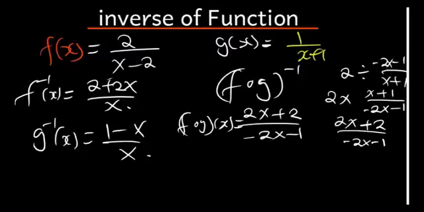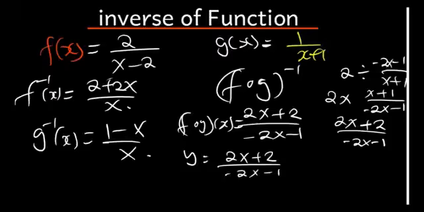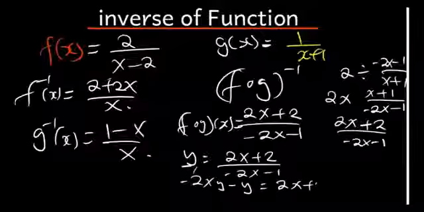So we're going to replace this part with y, then we make x the subject of the formula. So y is equal to 2x plus 2 divided by negative 2x minus 1. Now from here, I'm going to make x the subject of the formula. I'm going to cross multiply, and I'm going to have negative 2xy minus y, because 1 times y gives me y, equal to 2x plus 2.